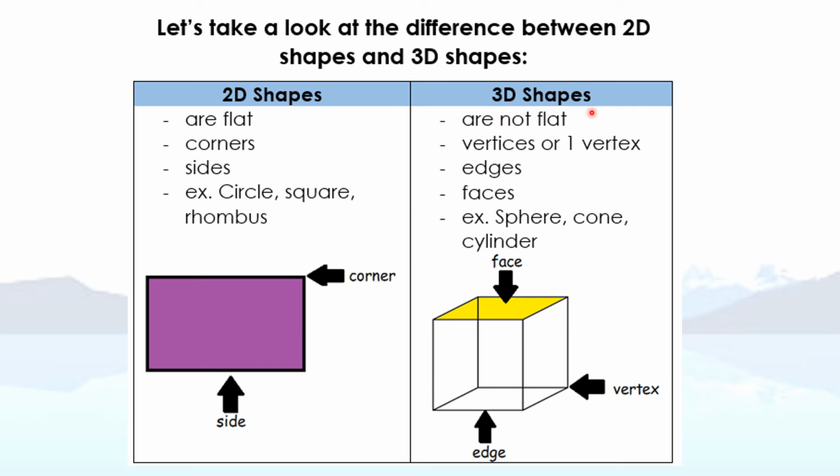Under the three-dimensional shapes, they are not flat, they have vertices, or if only one, a vertex, and then edges, and then they have faces also. Examples for this one: sphere, cone, cylinder. So as you can see here, this is the face, this is the vertex, and then this is the edge.